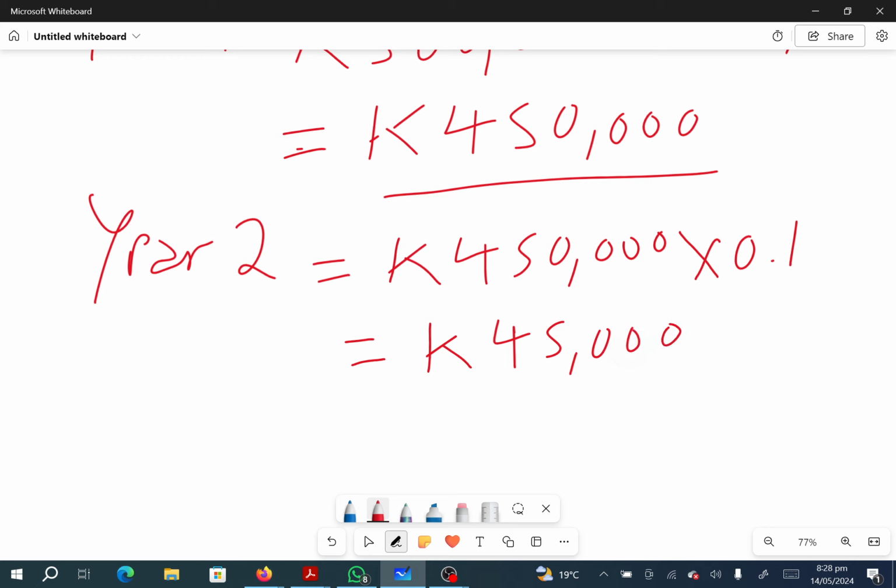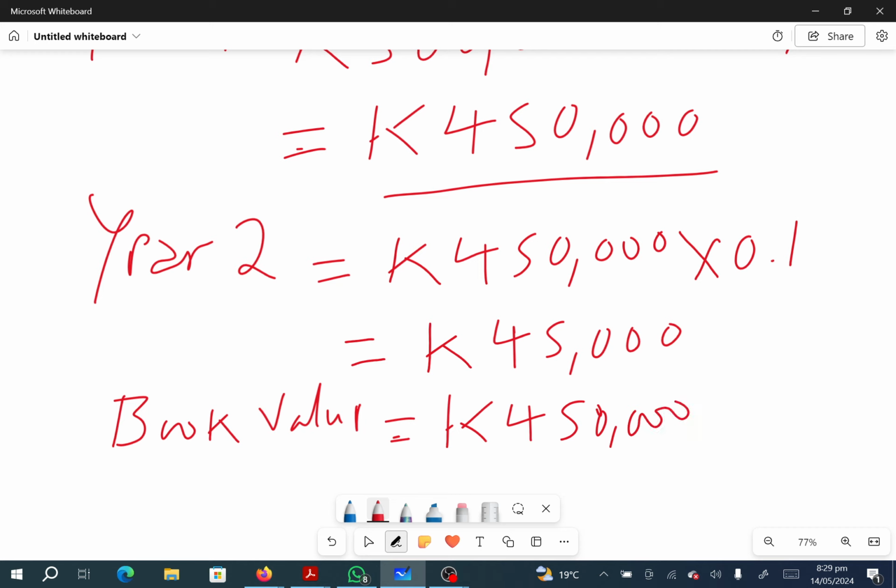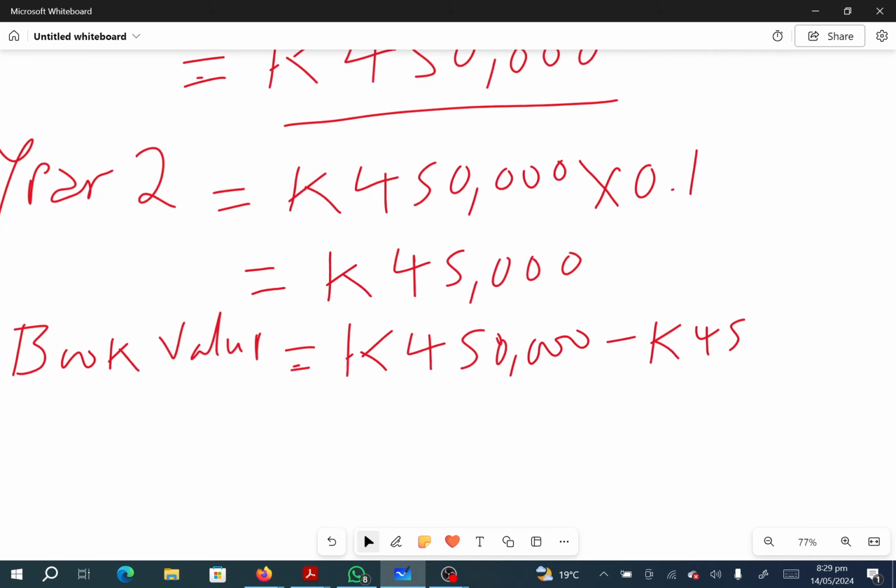So then for year two, the book value is equal to 450,000, which was brought forward, minus the depreciation, which is 45,000.